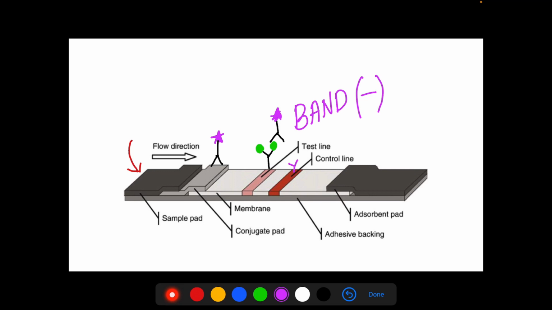There should always be a control line indicated here, usually with the letter C. Without this control line, the test is not working and thus it's invalid. And a drug test is negative no matter how strong or faint the line is. That's also something you have to remember.